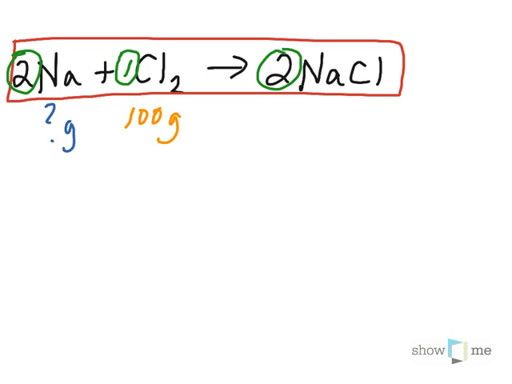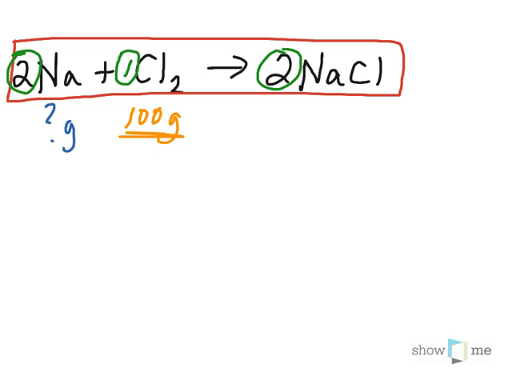A typical stoichiometry problem basically gives you a starting amount of something, some compound or element within your reaction you had to begin with. So in this case, we have 100 grams of chlorine. Grams aren't usually the best way to measure something that's in a gaseous state, but we're just going to go with a generic setup so you can see the general structure.